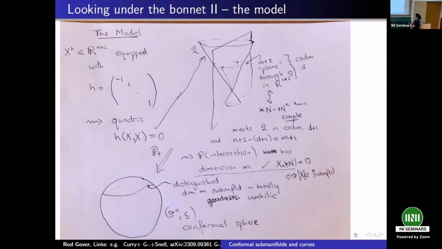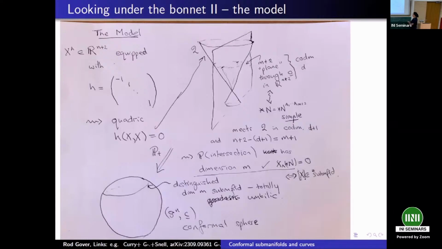And this is just a totally geodesic subsphere. That's how they arise on the sphere. Leave that as an exercise. All these subspheres arise from intersections like this. Okay, so that's what we think of as nice submanifolds. Sorry, did I say totally geodesic? Totally umbilic is what I meant to say.